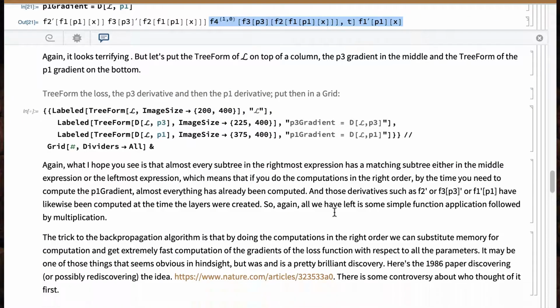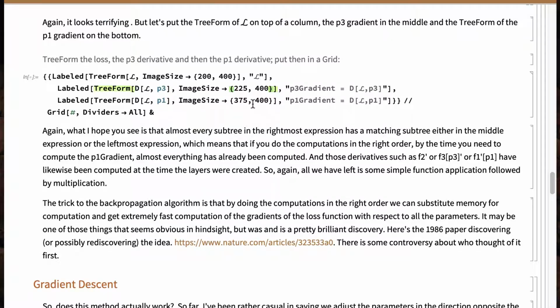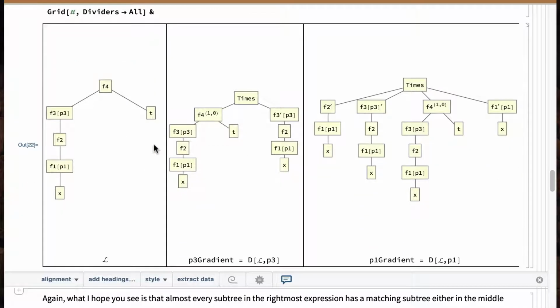So let's look now at the forward propagation tree form, the P3 gradient tree form, and now the new P1 tree form. Okay, so here's what we're trying to compute. It is a little scary, but let's look at this again. Where have we seen this before?